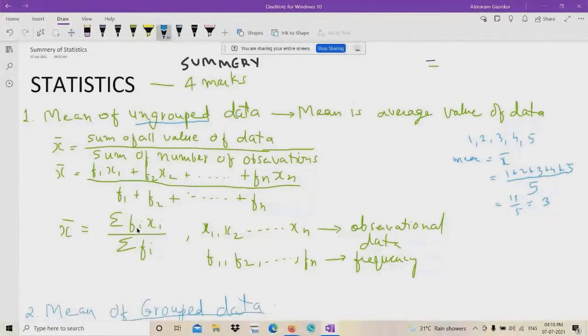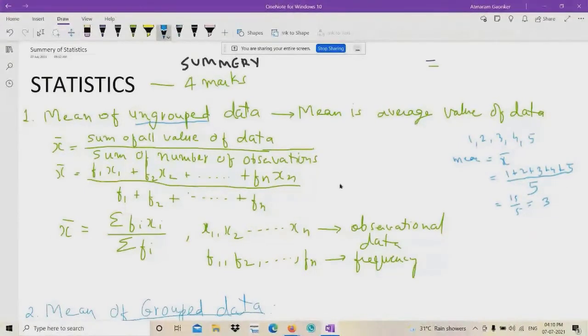So summation of the product of frequency and the observation, divided by summation of frequencies. That is the sum of all the frequencies. This is the sum of products of frequency and the observation. So x1, x2 up to xn is the observational data, and f1, f2 up to fn is the frequency.